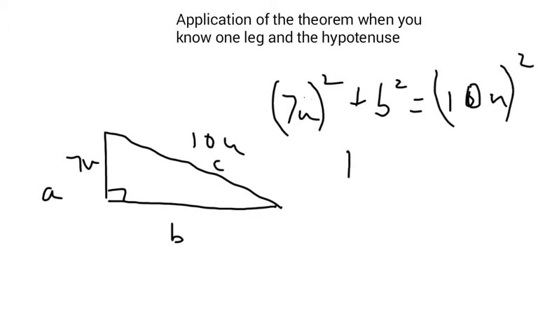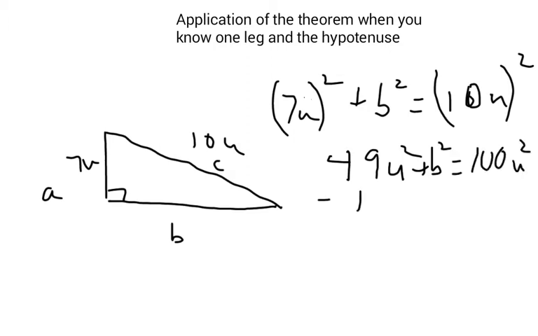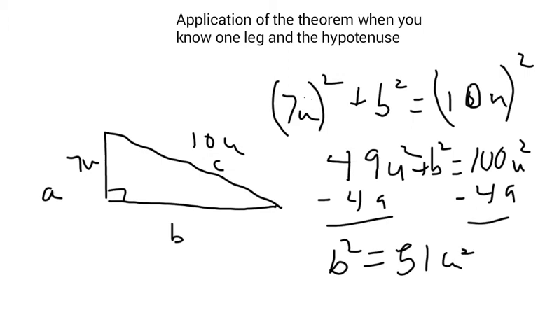So this would be 49, 7 units times 7 units is 49 square units, plus b squared equals 100 square units. Subtract 49 from both sides. You get b squared equals 51 square units.